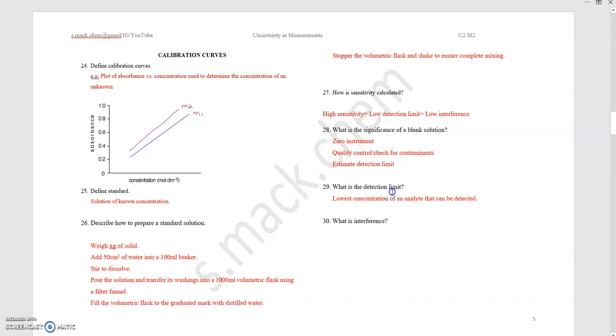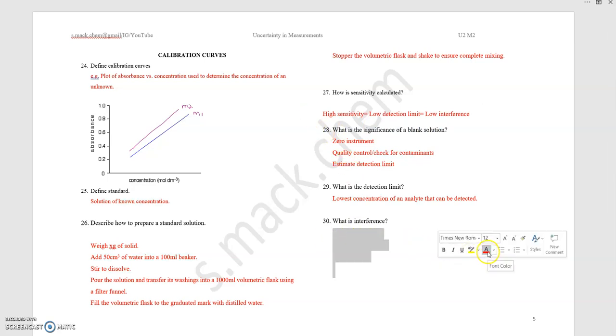So, given that the detection limit is the lowest concentration of the analyte that can be detected, we can now reflect on what sensitivity, detection limit, and interference mean. That is, how are they related.